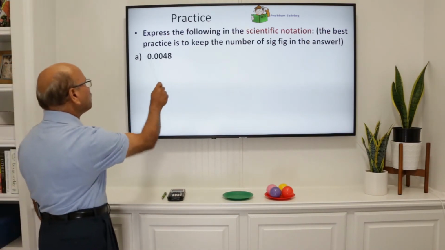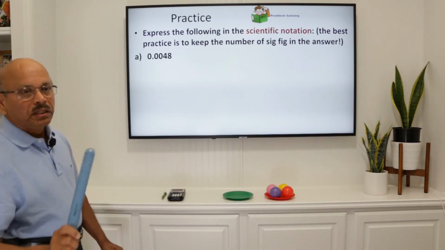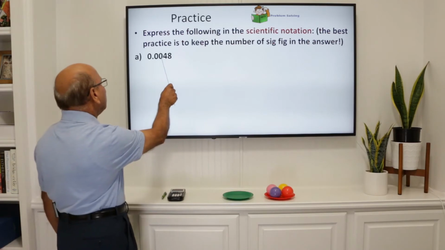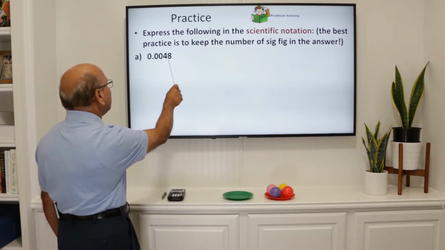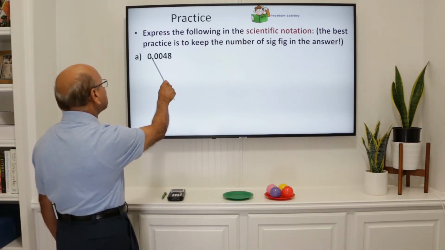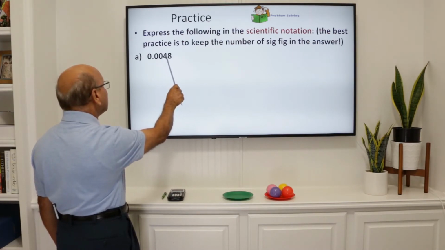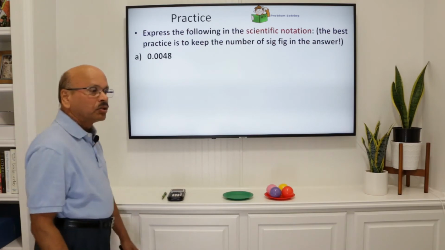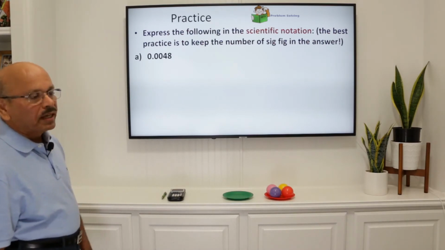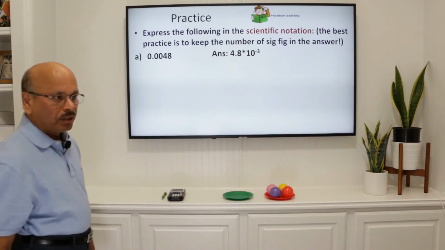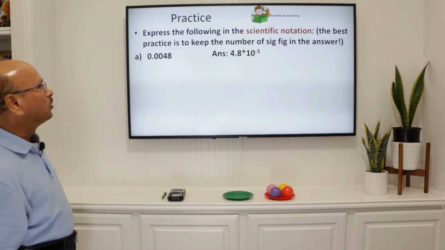We have 2 zeros which are preceding, and remember, preceding zeros are never significant. So we have only 4 and 8, 2 significant figures. You have to take the decimal point from here to here. That means you are moving 3 places to the right. So you must have a 4.8 and a 10 to the power of what? -3, which is the answer to that.